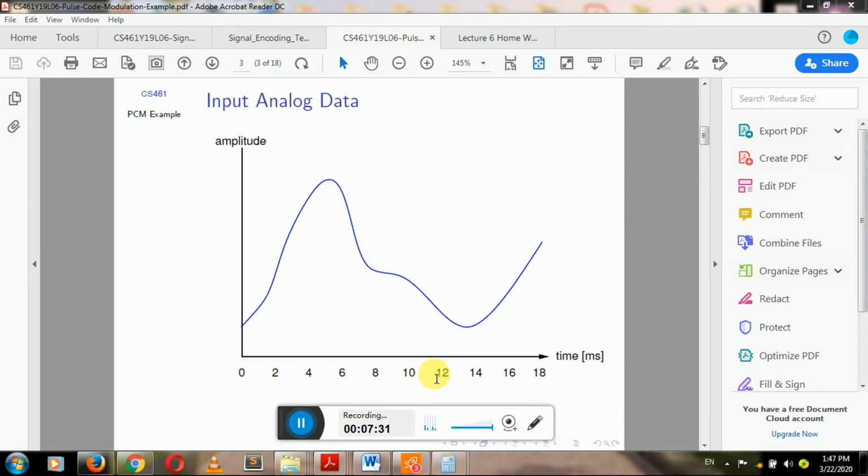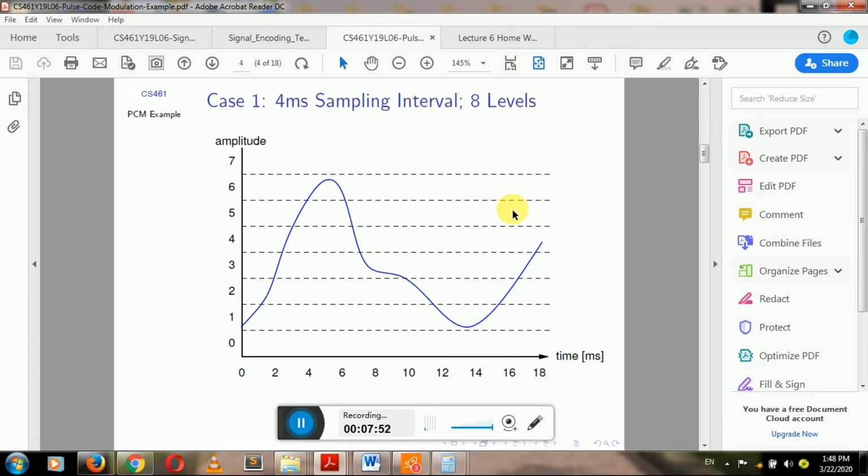So here we have time in milliseconds, so this is the sampling interval time, and this is our continuously varying analog data, and we have amplitude. So first what we are going to do is divide it into different levels, to match to the corresponding PAM value.